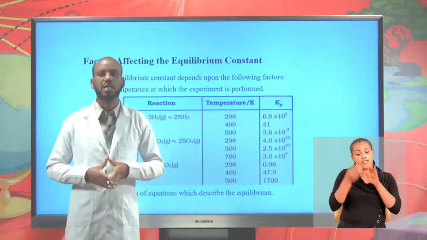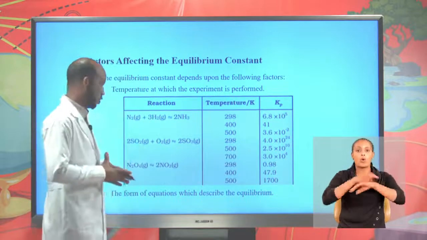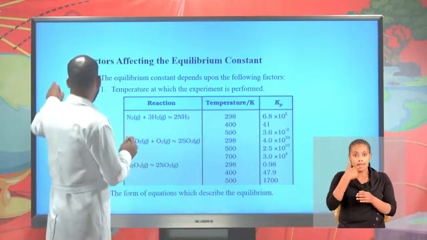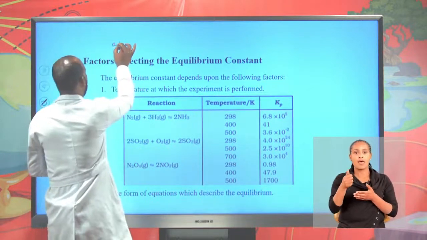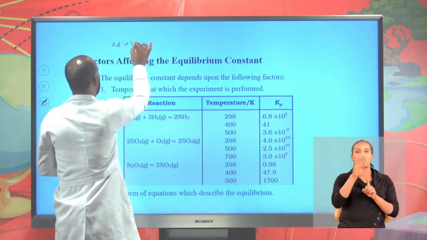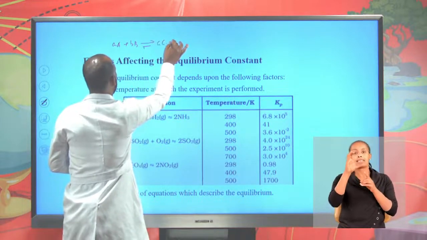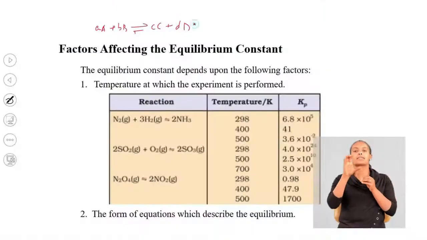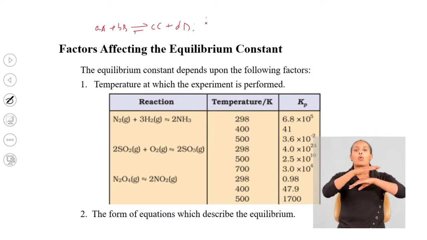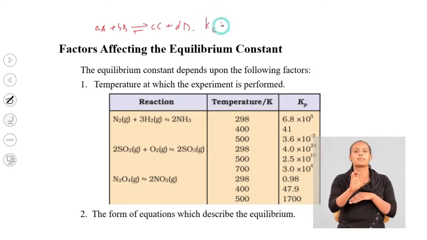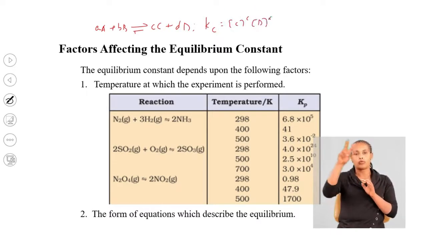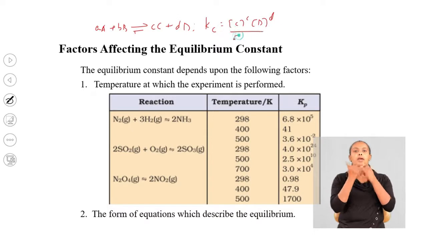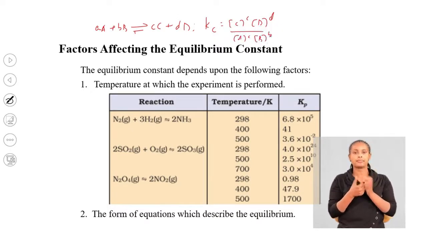Factors affecting equilibrium constants. As we said, for reactions of the type aA plus bB to form cC plus dD, the equilibrium constant Kc equals concentration of C to the power c times concentration of D raised to d divided by concentration of A to the power a times concentration of B raised to b.